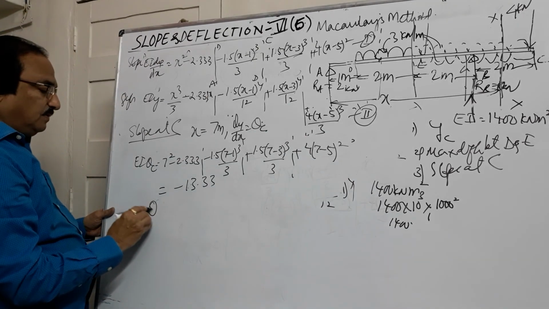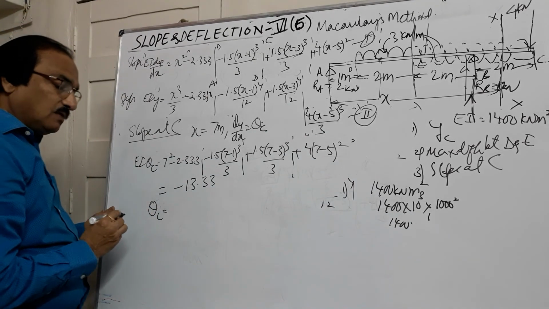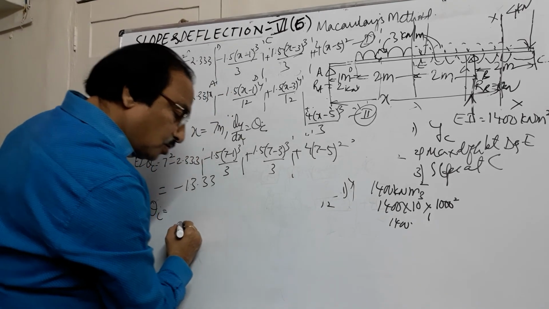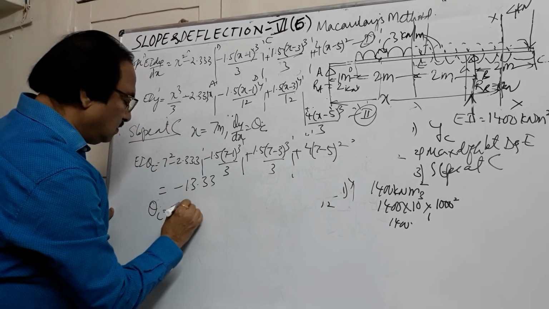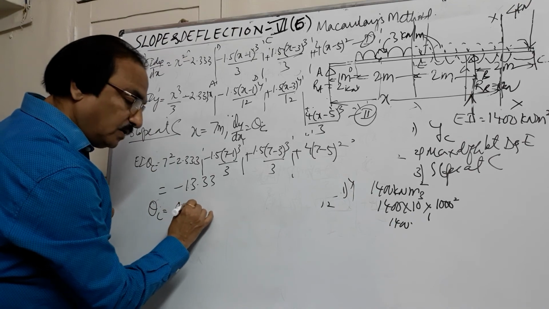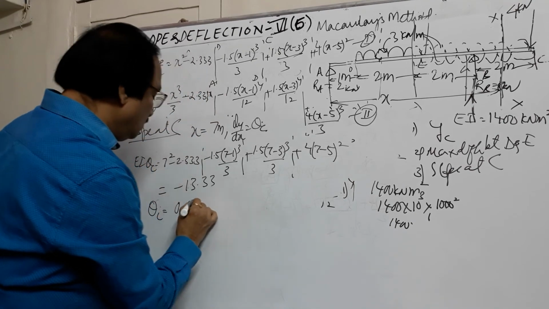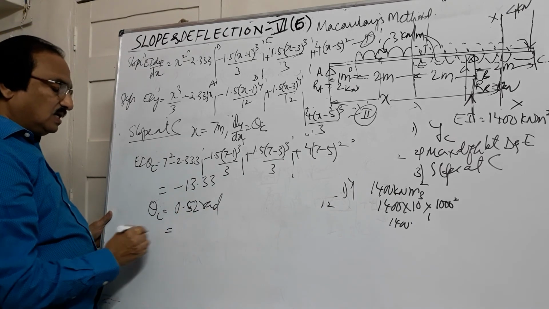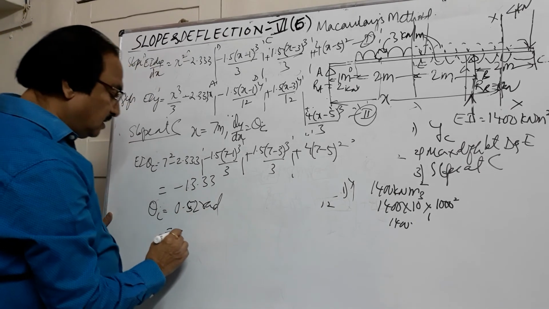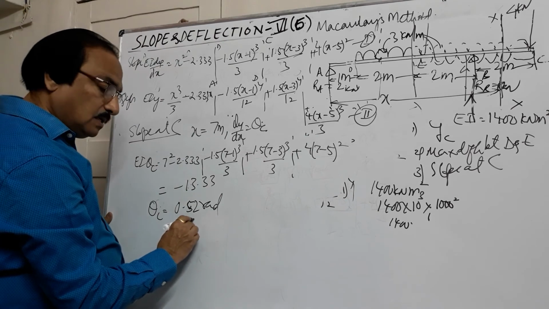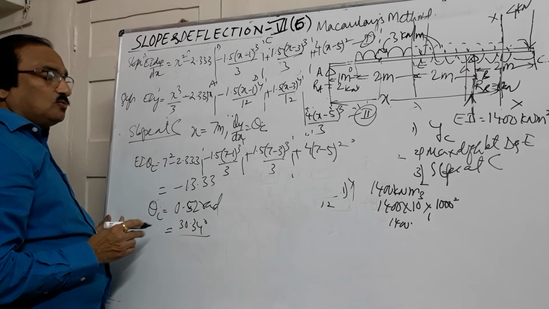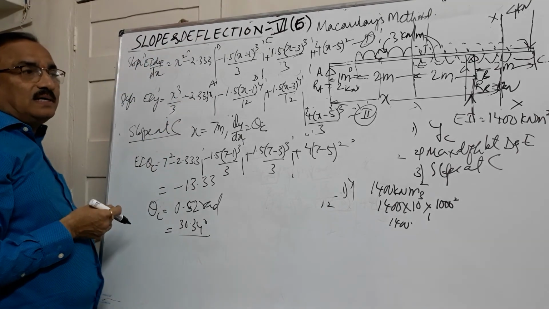So if you simplify for theta C, you get the value of theta C is equal to 0.52 radians. If you convert this into degrees, you get 30.34 degrees. So I have gone for slope at C.